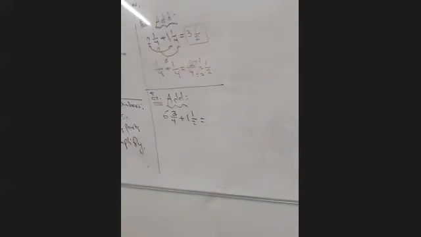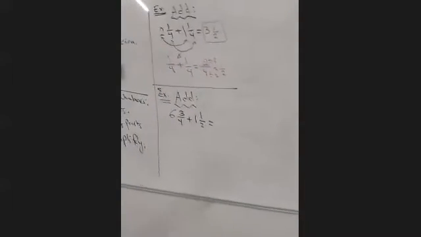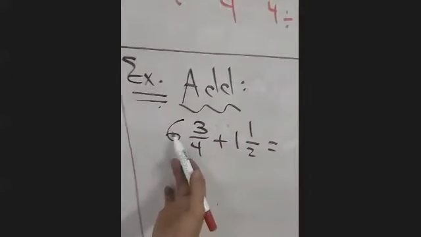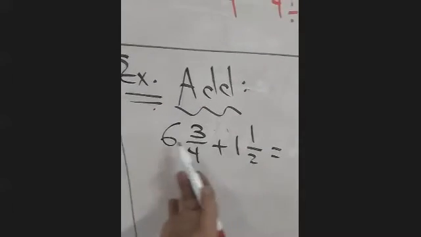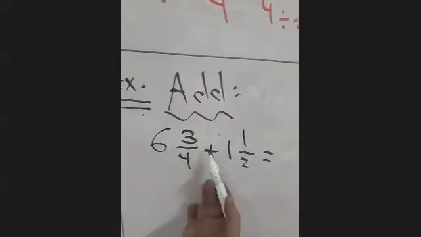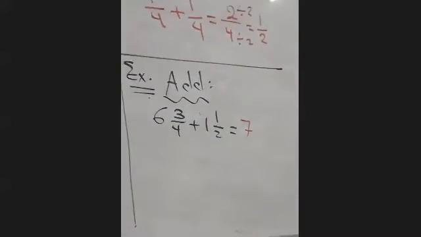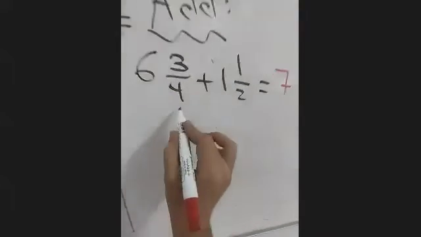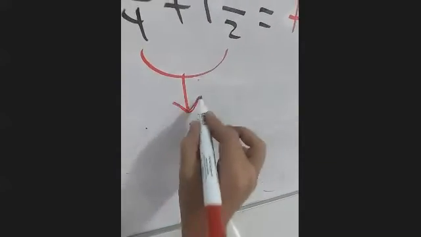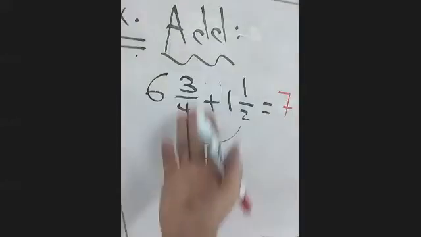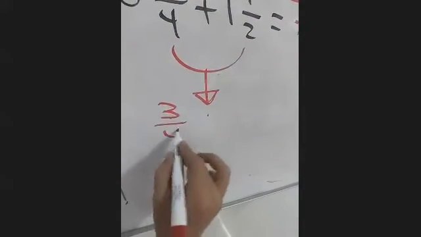Focus, guys. Focus, please. Now, the first step, we said we add the whole parts. 6 plus 1 is 7. Second step, we take the two fractions down and add them. 3 over 4 plus 1 over 2.